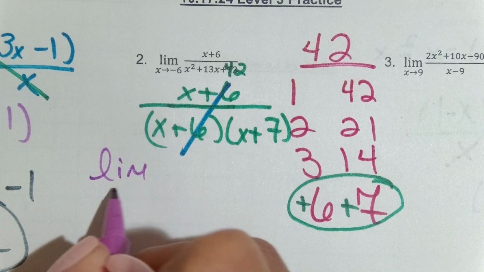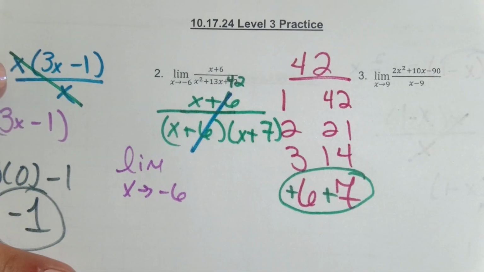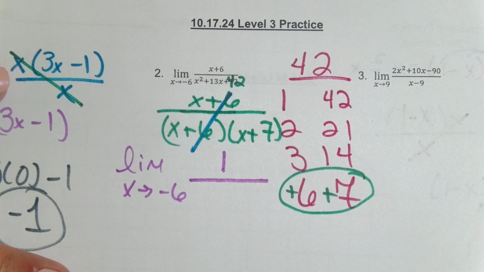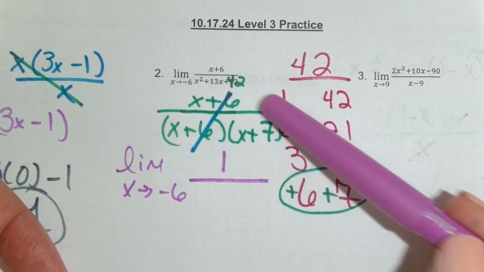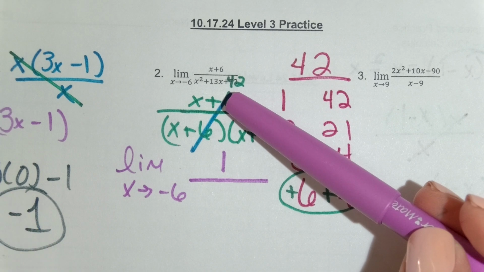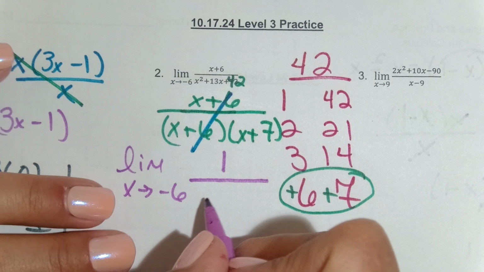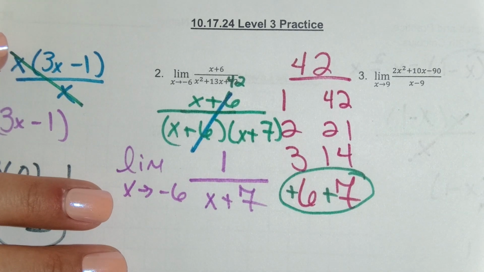So we have the limit as x approaches -6. What goes in the numerator? 1. And why does 1 go in the numerator? Because there's nothing else there. And then what goes in the denominator? X plus 7.